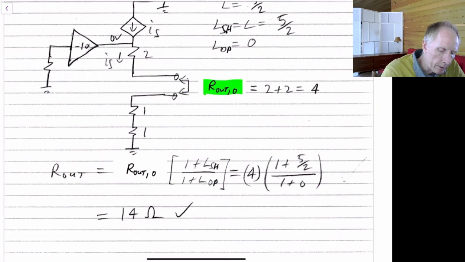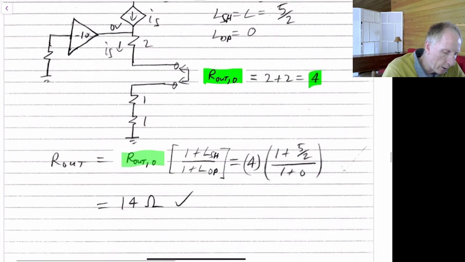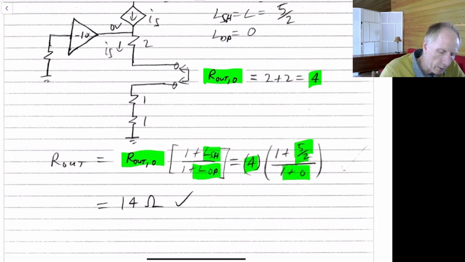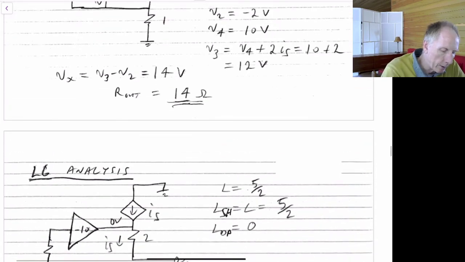So we have this is 4, we can put it into our equation. We have the loop gain shorted is 5/2, the loop gain open is 0. Put this all in and we get 14 ohms. And that's the same result if you did full nodal analysis on it.